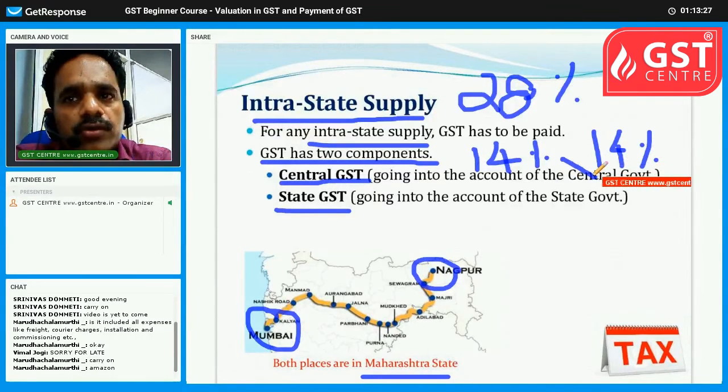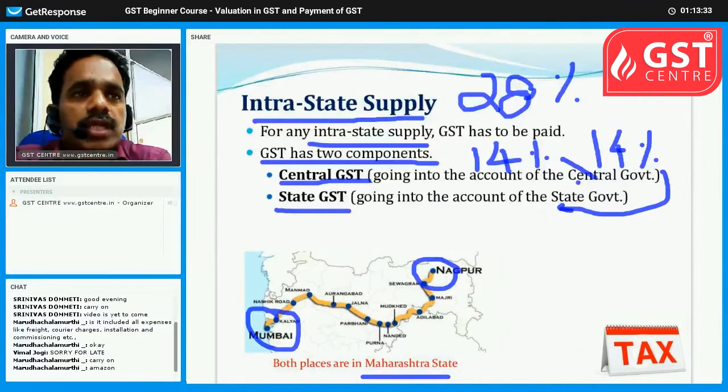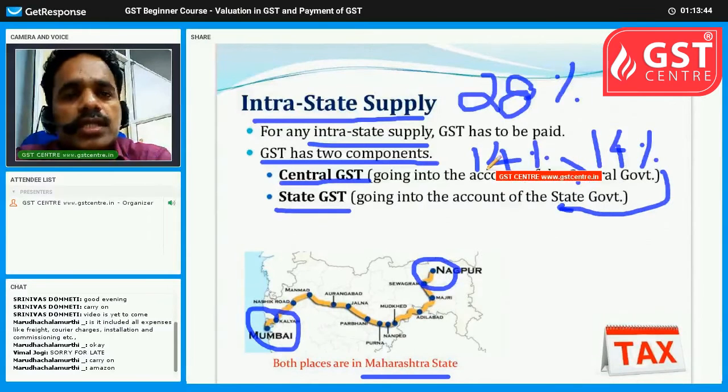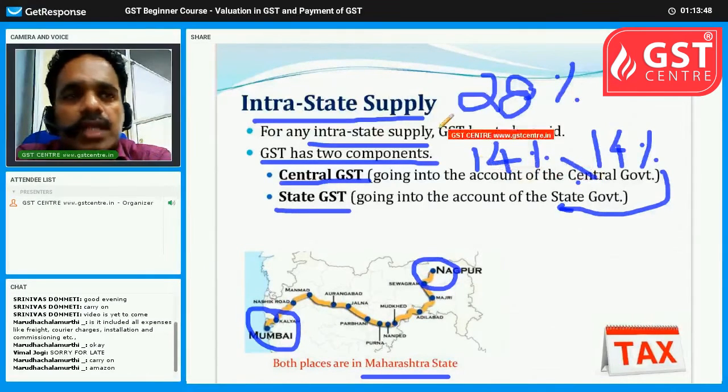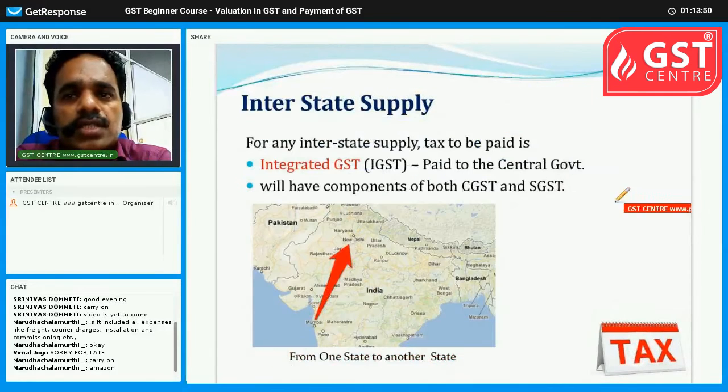This 14% will go to the central government and this 14% will go to the state government. So in case of intrastate supply, that is sale within the state, there are two components for the tax GST, that is central GST and state GST. Central GST is payable to the central government and SGST is payable to the state government.